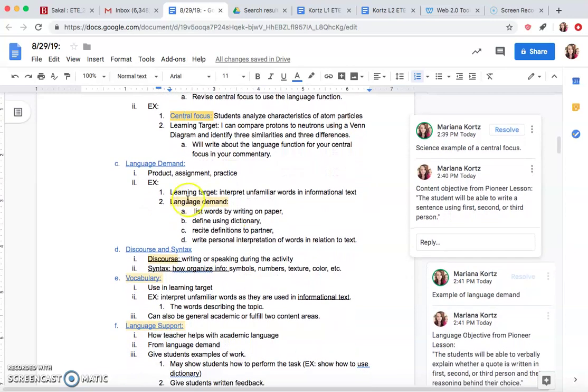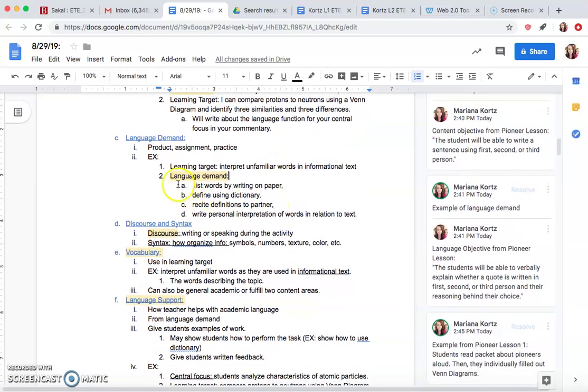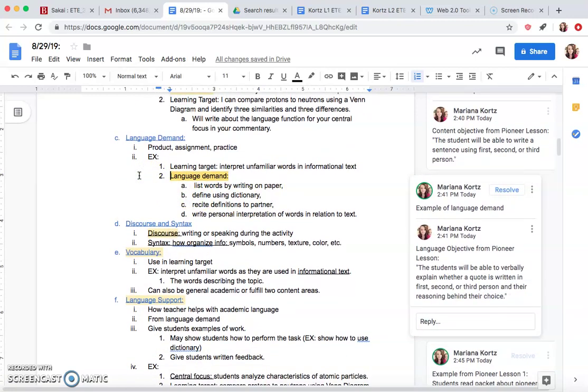Scrolling on, their example of language demand. They had several examples. One of them was that the students could list words by writing on paper. And as I previewed some of my previous lessons, I found one possible language objective that might fulfill a language demand, which was the students will be able to verbally explain whether a quote is written in first, second, or third person, and their reasoning behind their choice.